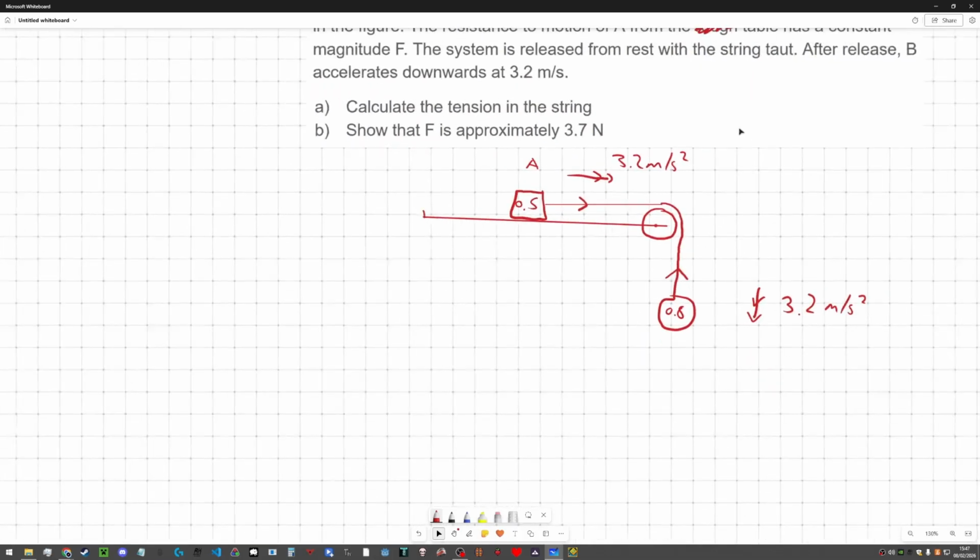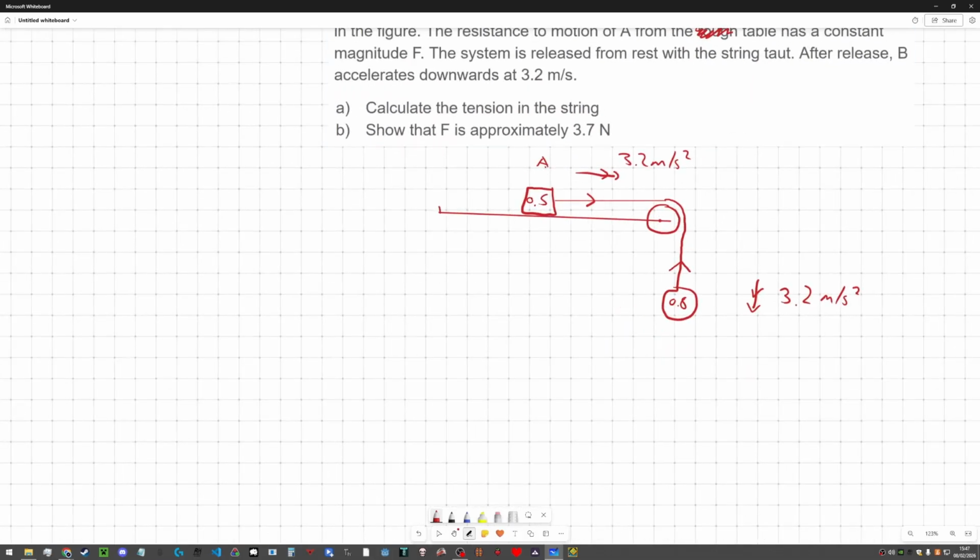Alright, from here, we can use F equals ma on block A. So we have the net force, which is equal to our tension, is equal to our mass, which is 0.5, times our acceleration of 3.2. As such, the tension is equal to 1.6.